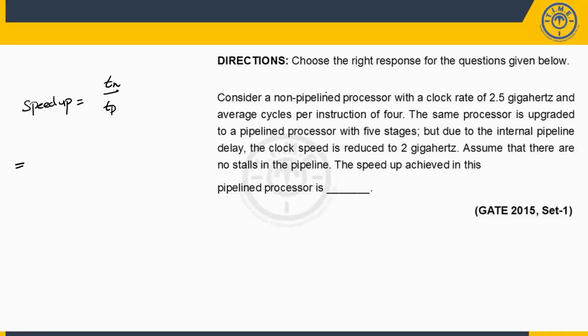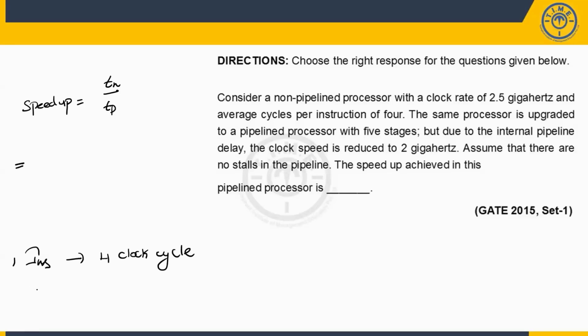Here, for 2.5 gigahertz and average cycles per instruction of 4, in a non-pipeline system, one instruction is taking 4 clock cycles.